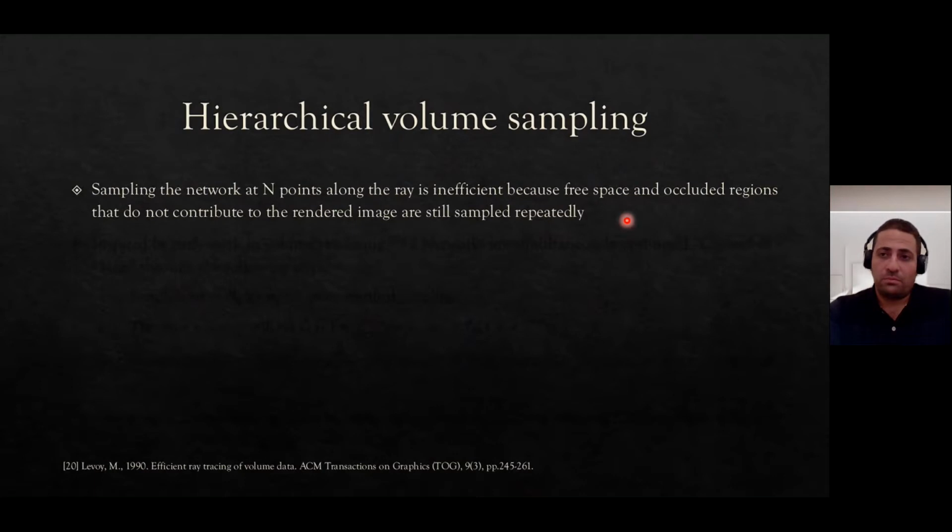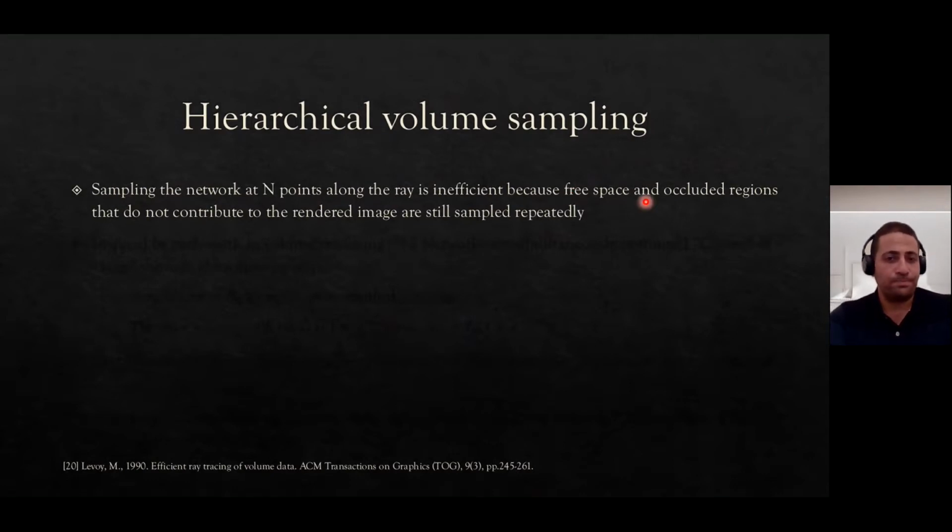This is true because from the starting point t near until we hit an object, there is a lot of free space. So why would I need a lot of samples in that region? Why don't I just skip it and go to the important area of the scene where the object lies? Here I would need a higher frequency of samples, more samples in order to better represent this object.